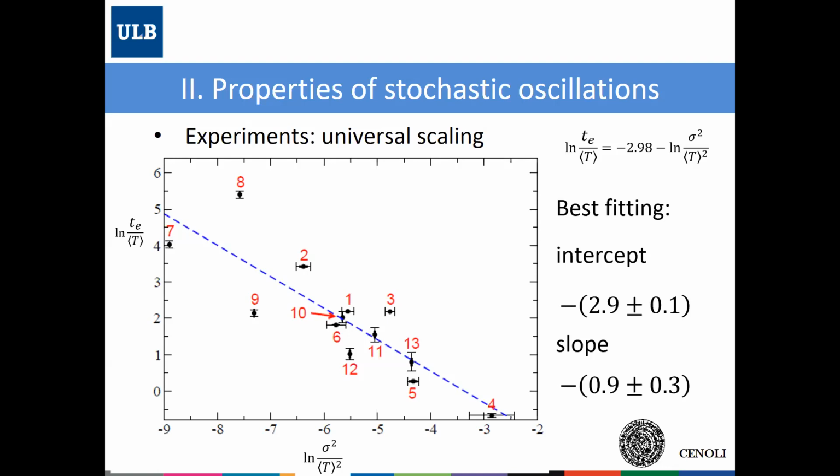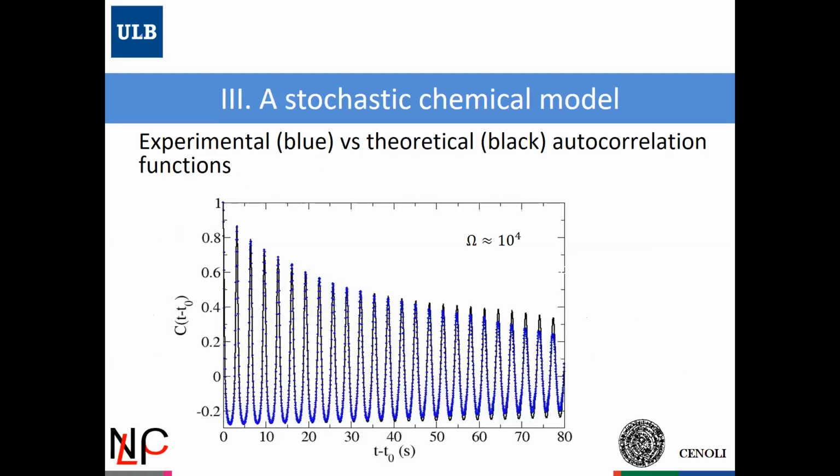So I'll just show you one or two things that can be obtained by postulating a mechanism for the reaction. For example, if one has a mechanism for the reaction, we can fit the autocorrelation function with a stochastic model.